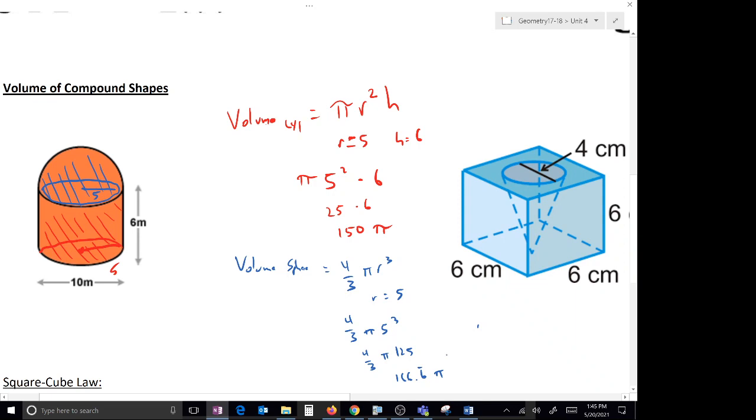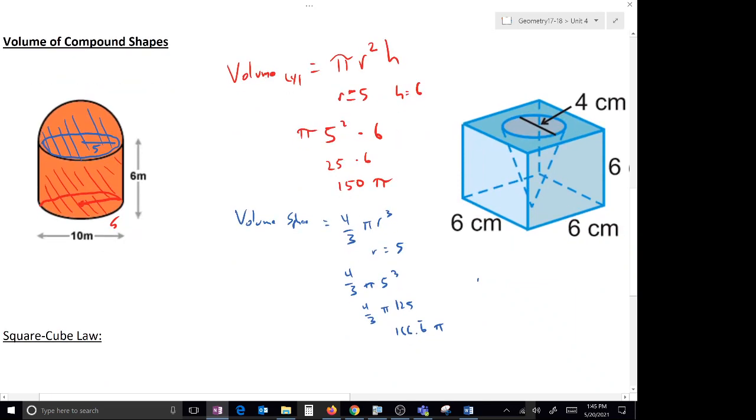So that's the volume of our sphere. If I cut that in half to get our hemisphere, 166.6 repeating divided by 2 gives us 83.3 pi.